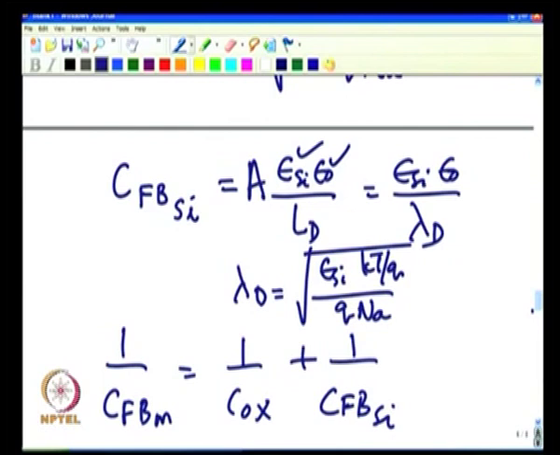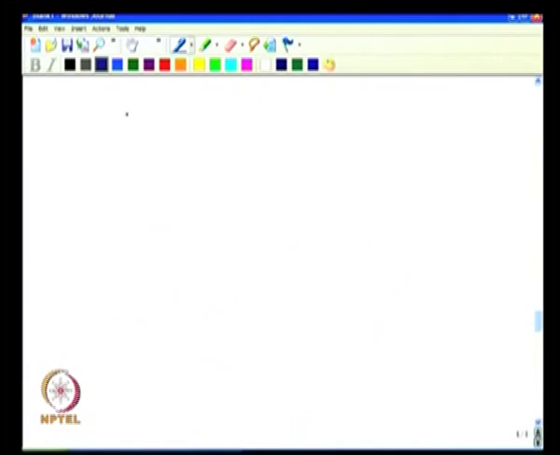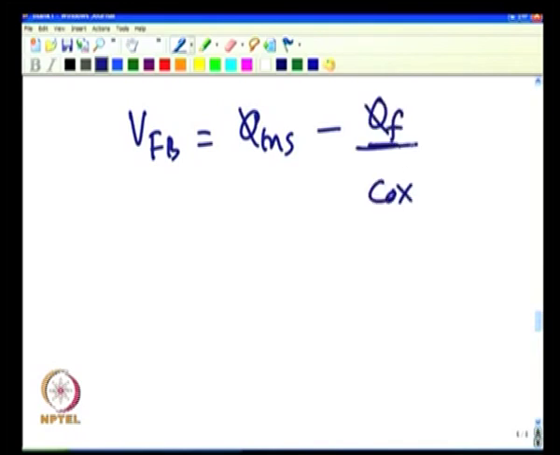What it means is that in this CV curve now I am locating a very unique point, which is a flat band capacitance point, and this point on the CV curve gives you flat band voltage, and that is how you obtain a flat band voltage. Once you know the flat band voltage, as you know, it is phi ms minus Qf by Cox, correct.